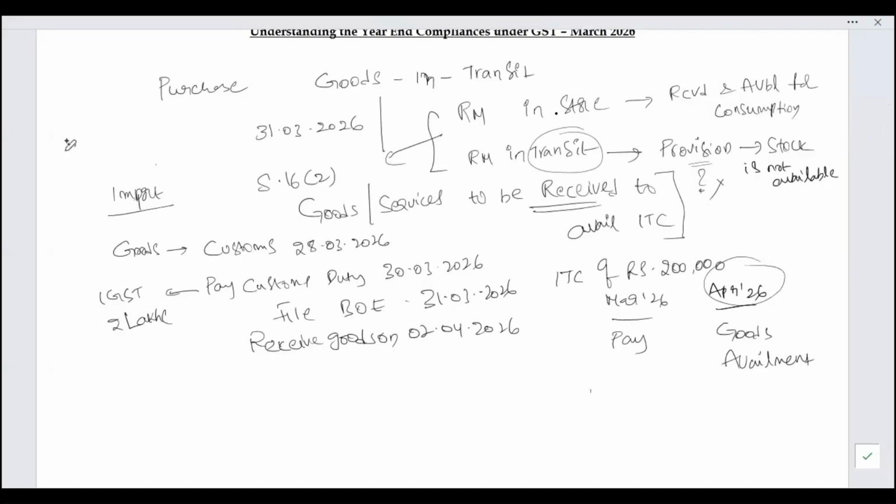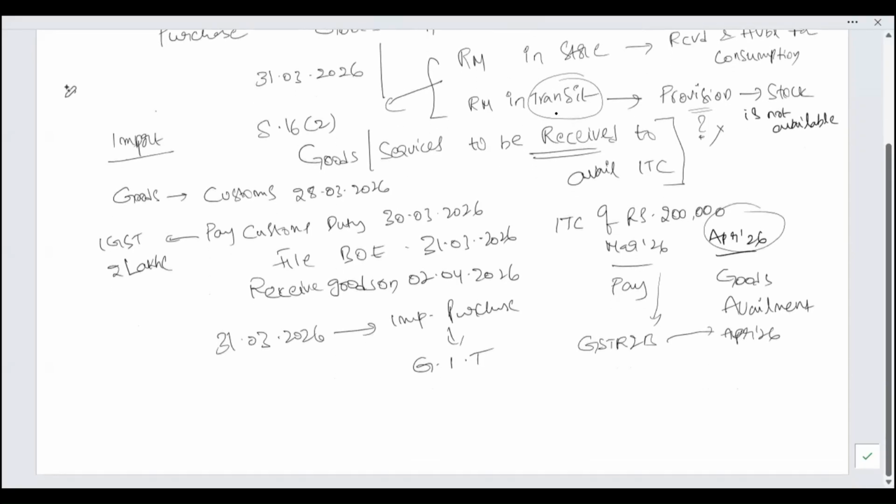Even if GSTR 2B is updated in March 26, I avail this credit only in April 26. So as on 31st March 2026, I call this import purchase goods in transit. This is again one reconciliation item which we need to keep in mind. Goods accounted, goods provision made. This is important. Coming back to reconciliation activity.